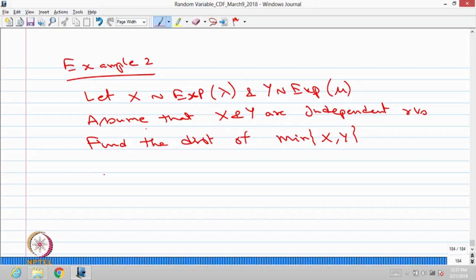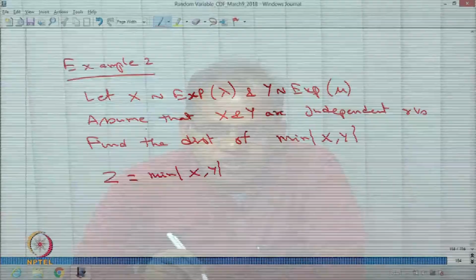Let me make a new random variable Z, the minimum of X comma Y. Since X and Y are continuous type, the minimum of X comma Y is also going to be a continuous type random variable. Therefore, I have to find the CDF or the probability density function of Z.